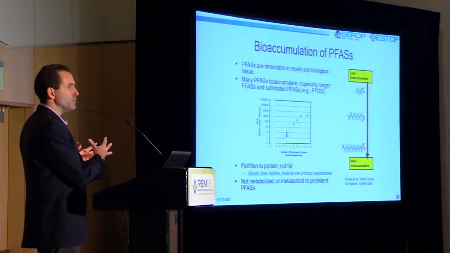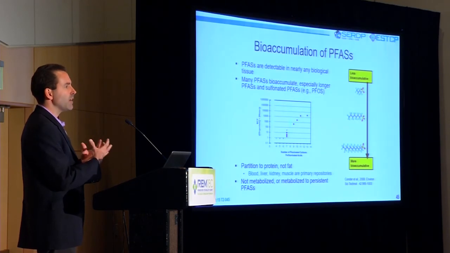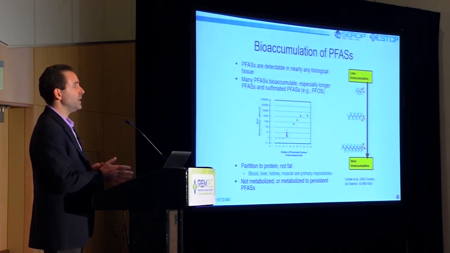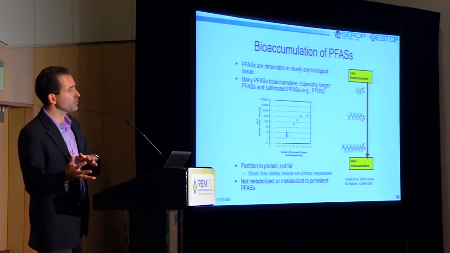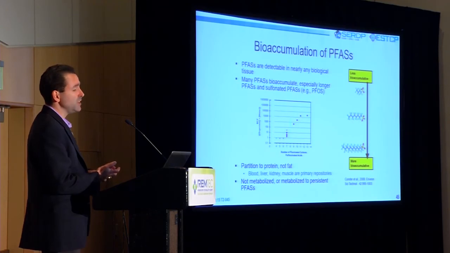Those tend to end up in fats. We have developed a long history of understanding how those compounds behave in systems and predicting their toxicity and behavior. And now we're kind of completely thrown on our head here, looking at these new compounds that tend to be proteinophilic and end up in protein-rich tissues like blood, liver, and kidney.